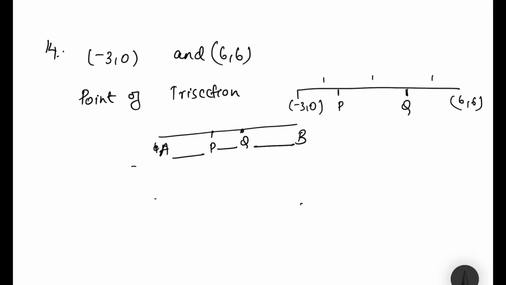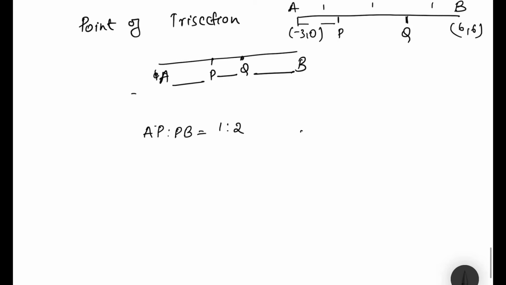If I take the first part, this will be 1 and this will be 2. So if I take A and B, AP is to PB is in the ratio 1:2.